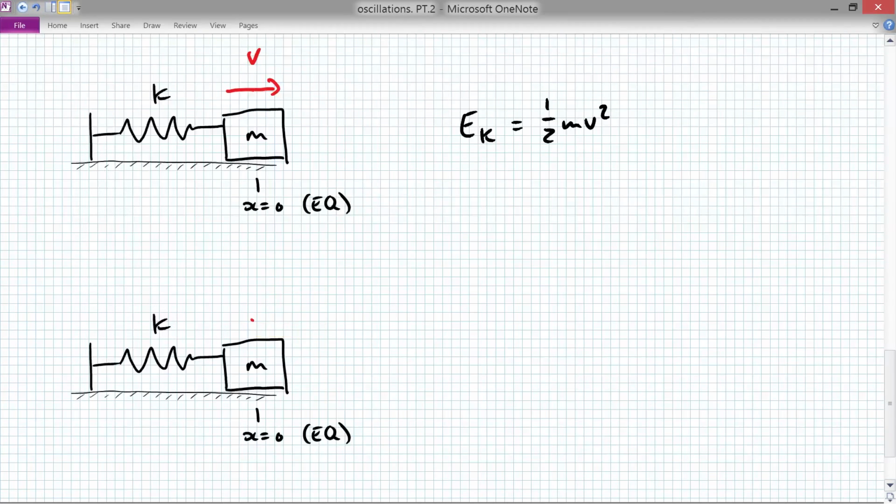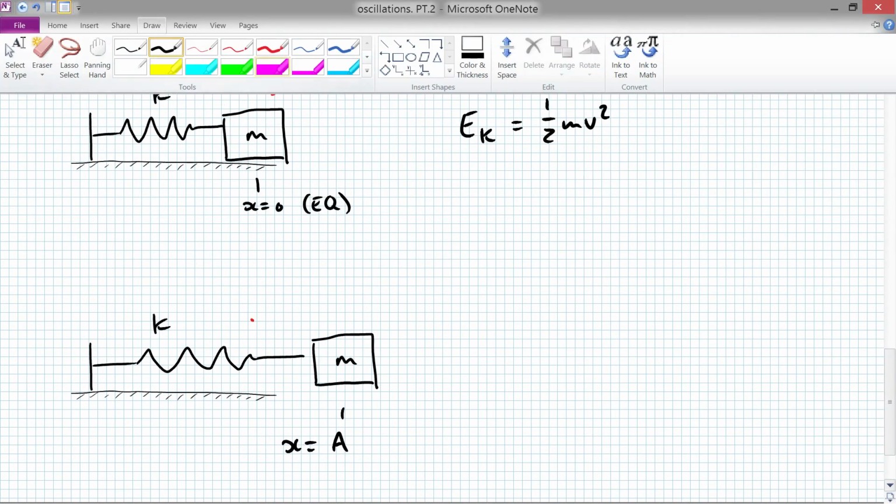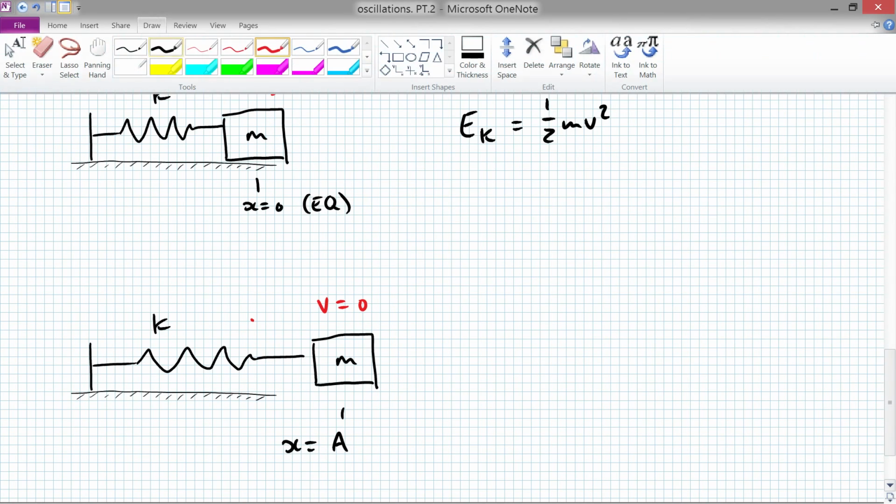Okay, so that's one of the extreme points going on in this graph. So let's just look at the other extreme then in terms of energy. Another extreme is when my mass is at some maxima in terms of position. So now my position is at, I'll just call this A. I'm not too interested in whether this is a positive or negative position. We'll see why in a minute. We know at this point it's just turning round, so my V is 0. And if V is 0, I've got no kinetic energy.